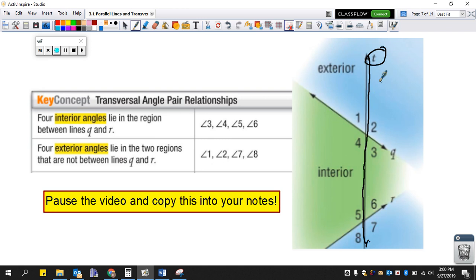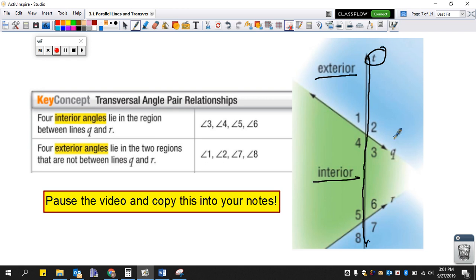Divide that entire interaction up into both interior points and exterior points. So exterior is on the outside, sort of like, remember when we talked about angles, the interior was the inside of the angle between the two sides, and the exterior of the angle was on the outside of the two sides.